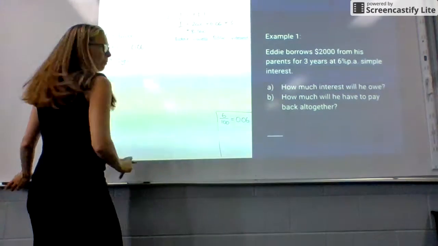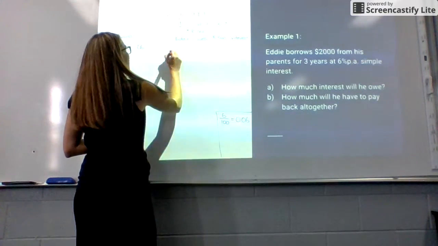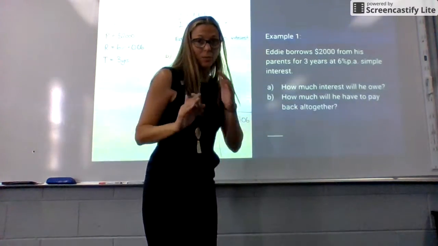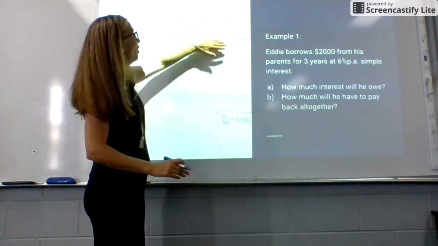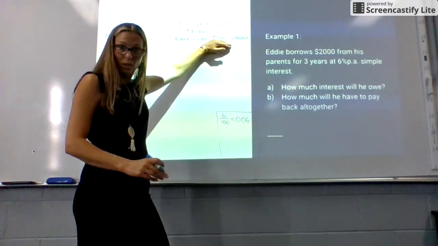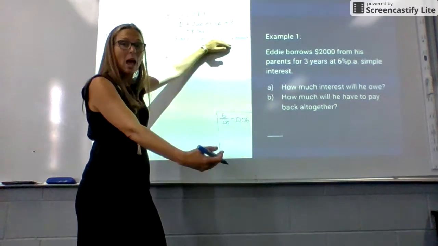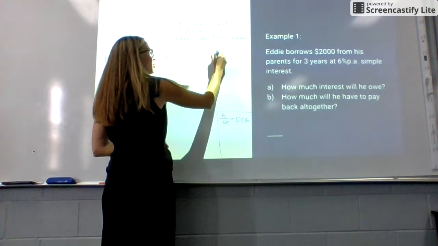Now, part B says how much will he have to pay back altogether? All right, well, let's use some common sense. Eddie borrowed $2,000. He earned $360 in interest. So the amount he owes and he has to pay back is the principal plus the interest.